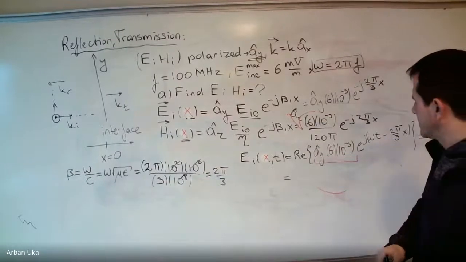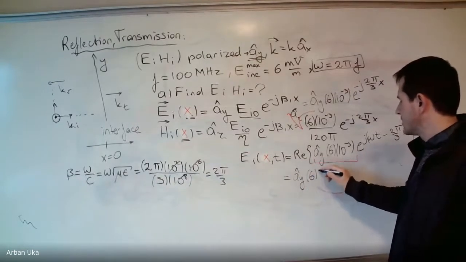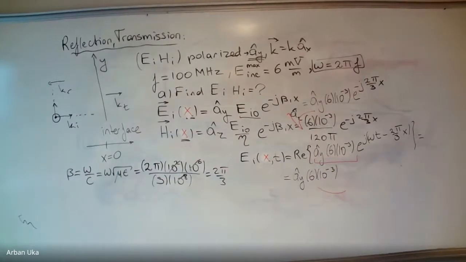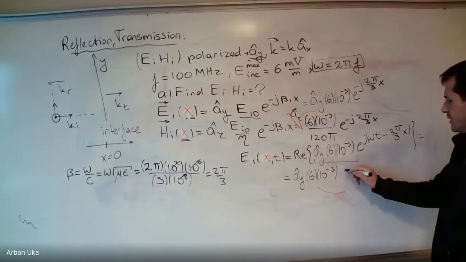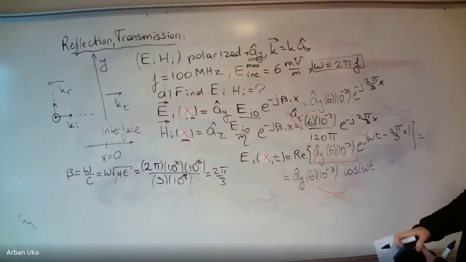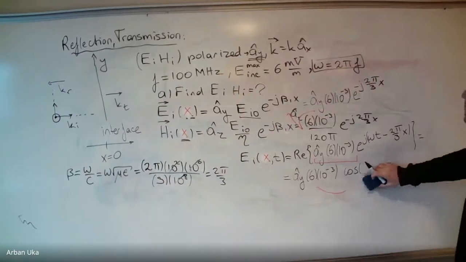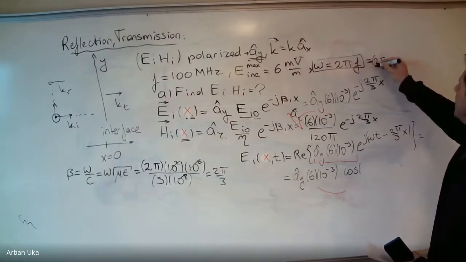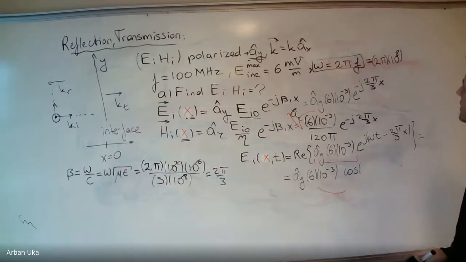We have AY, the propagation is the same, 6 times 10 to the power minus 3. Then we have the real part of the exponential term, so the real part of e to the power j omega t is simply the cosine of omega t. We can find the correct value of omega: omega is equal to 2 pi times 10 to the power 8 radian per second.